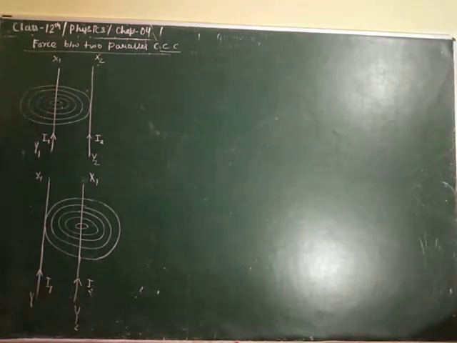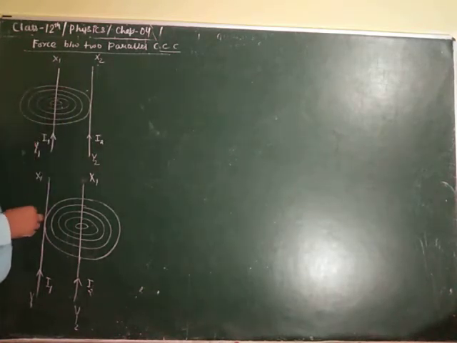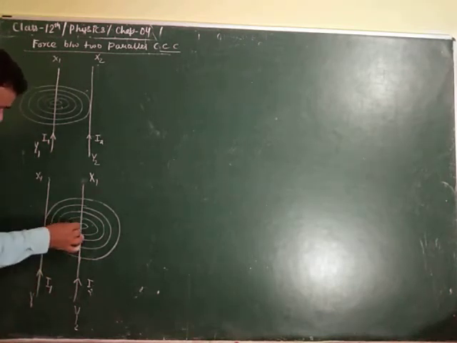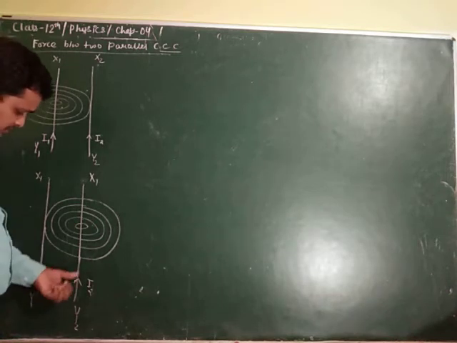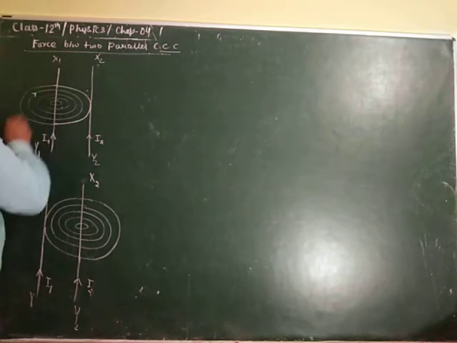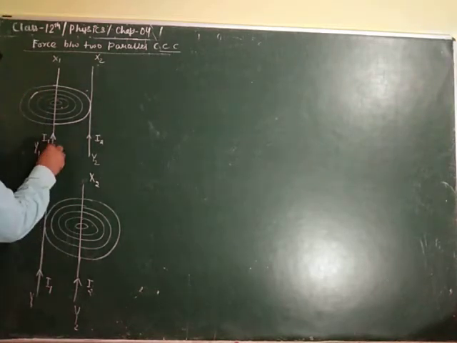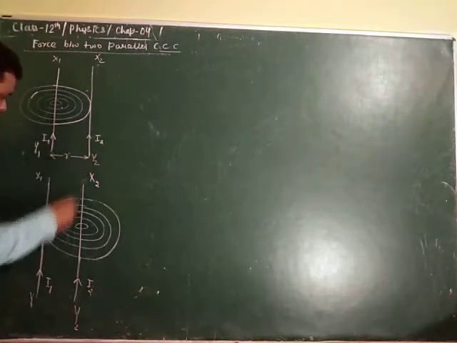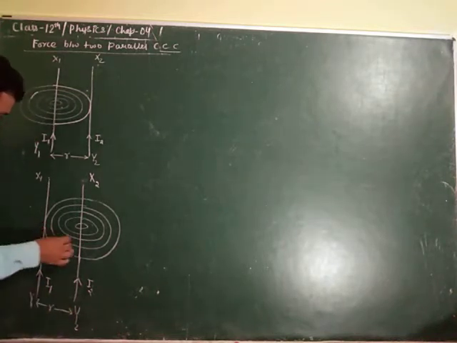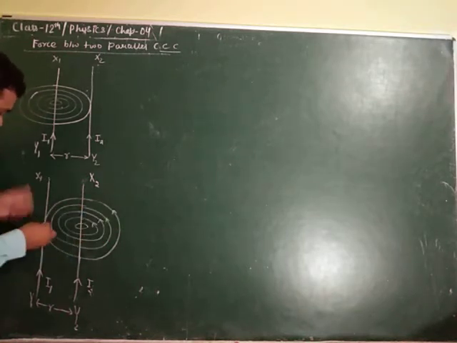Now this is the magnetic field created by the current I1, and I will call this magnetic field B1, and this one B2. The distance I am taking as R. Here the magnetic field is in this direction, which you can find with the right hand thumb rule.